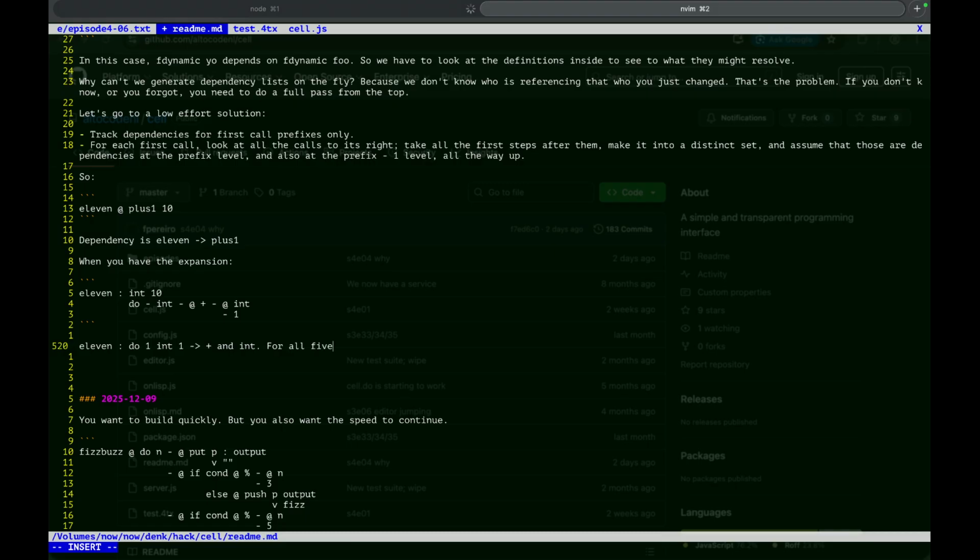For all 5 walkups starting with the 0th, the prefix itself, you have ten dependencies.